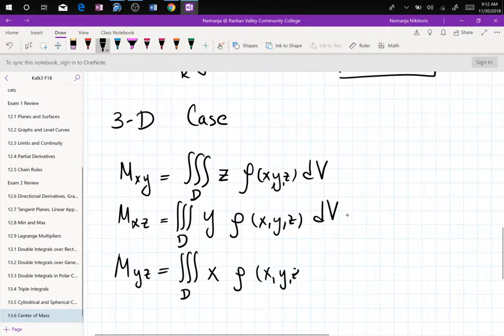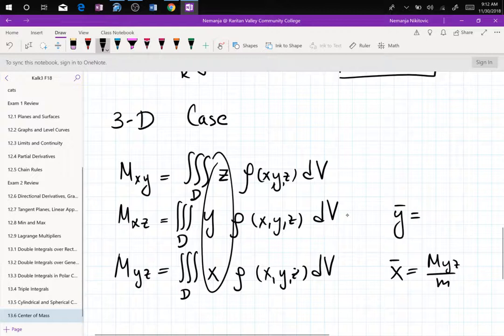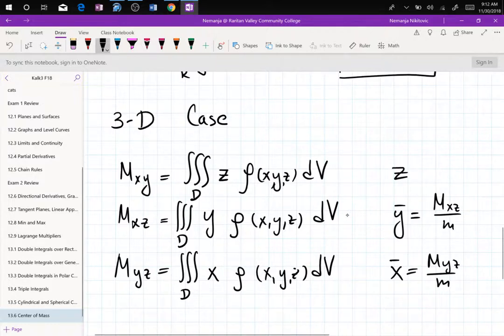Now, I did this in completely backwards order, because your x bar is computed on the bottom as moment of yz over the mass. Then the y bar, those are these guys now, right, is computed as Mxz over mass, and z bar on top, Mxy divided by the mass, and this will give you the point.